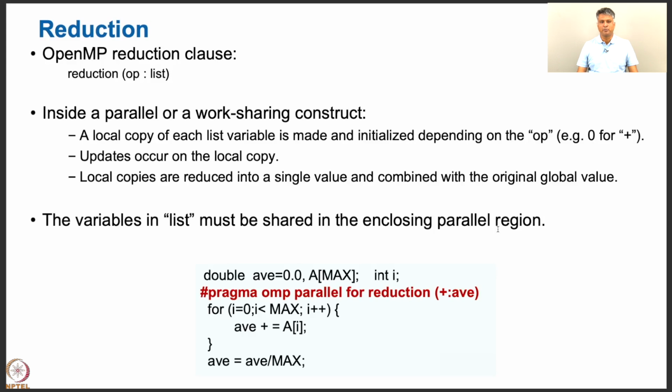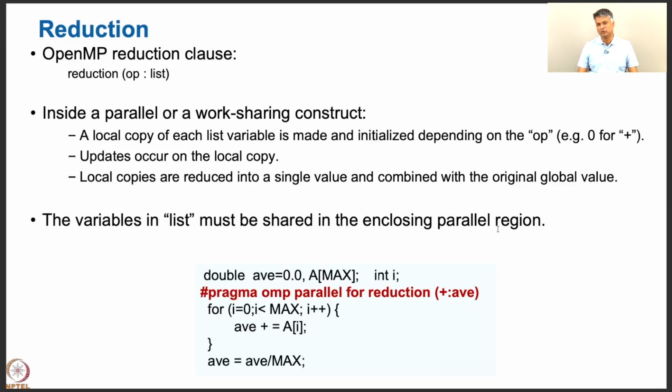First, a local copy of each of those list variables will be created and initialized depending on the nature of the operation that we need to do. All the updates happen only at the local copy for each of those individual threads. Then finally, the local copies are reduced into a single value and combined into an original global value.